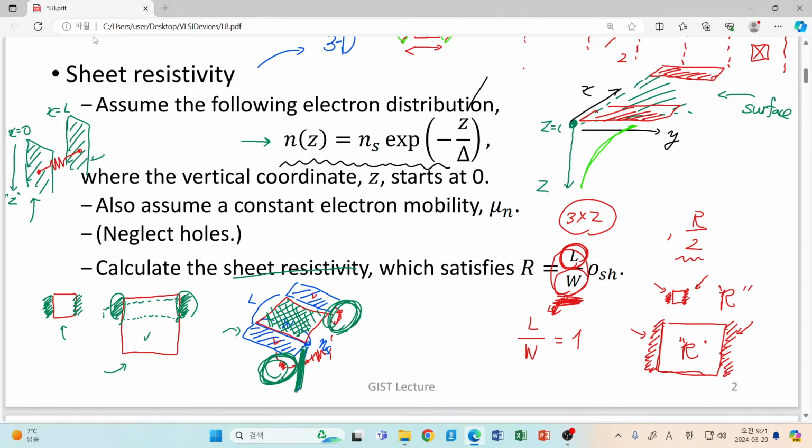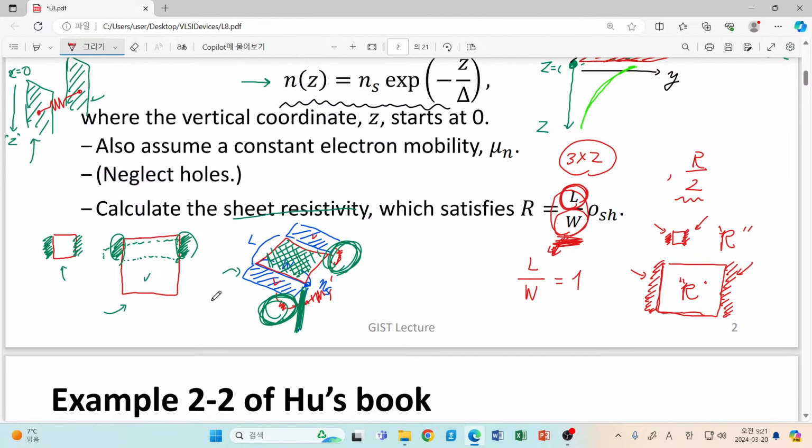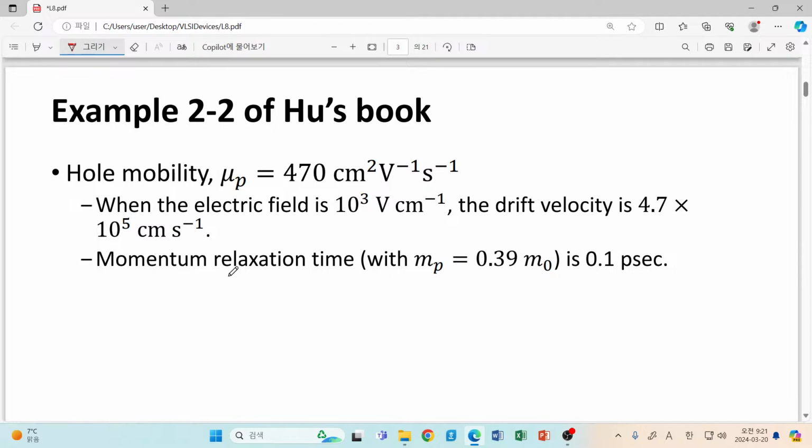That's the reason why, as a really good estimation, we may think of just the contribution from our sheet, our squares. If you have any questions, please let me know. That was your homework number 2. Now let's go to our actual lecture.